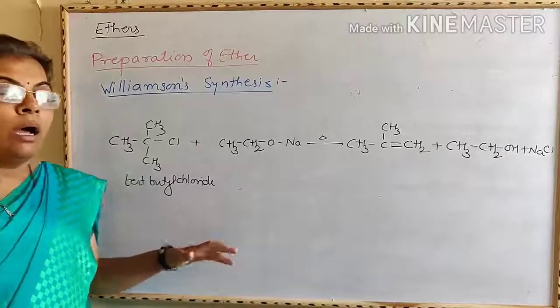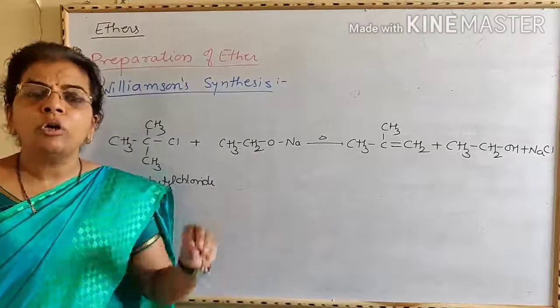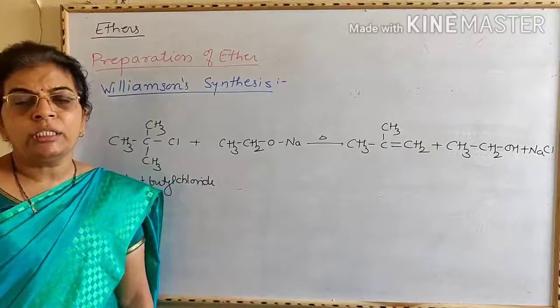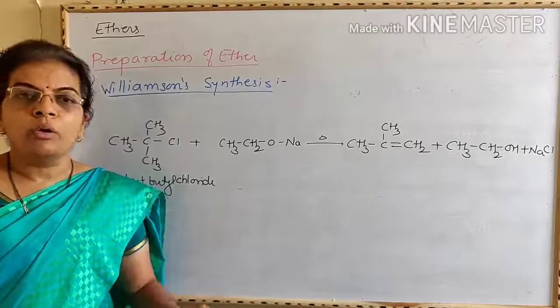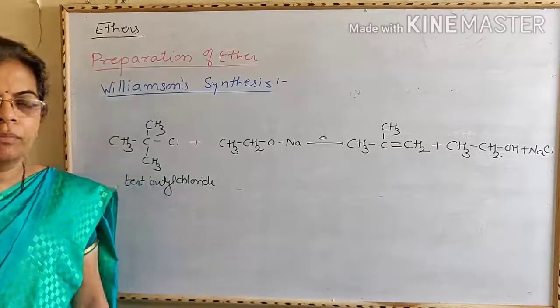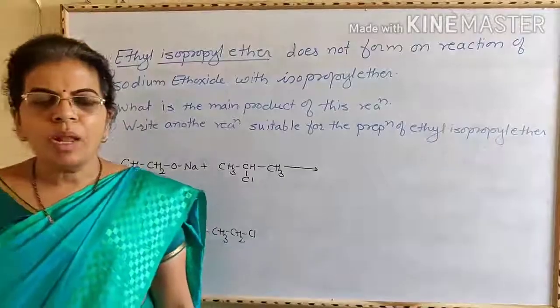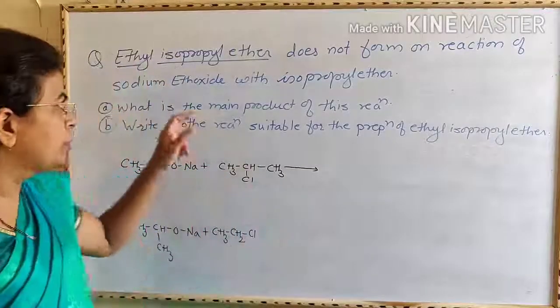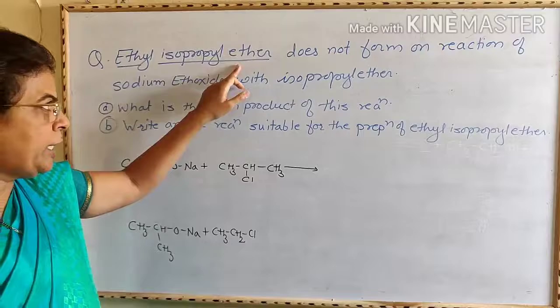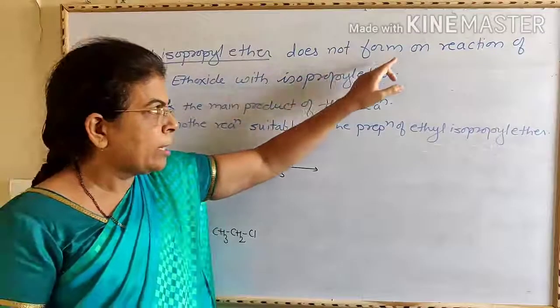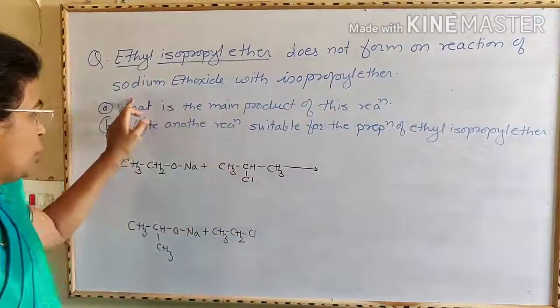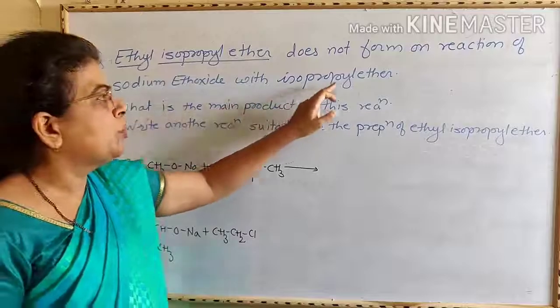Now here aryl halides also do not undergo Williamson synthesis with sodium alkoxide. Now we are going to discuss this question. Ethyl isopropyl ether does not form on reaction of sodium ethoxide with isopropyl chloride.